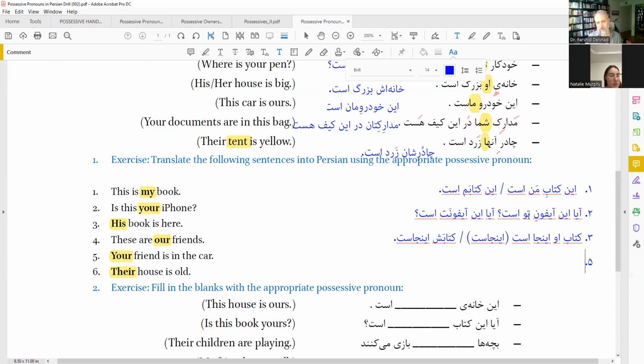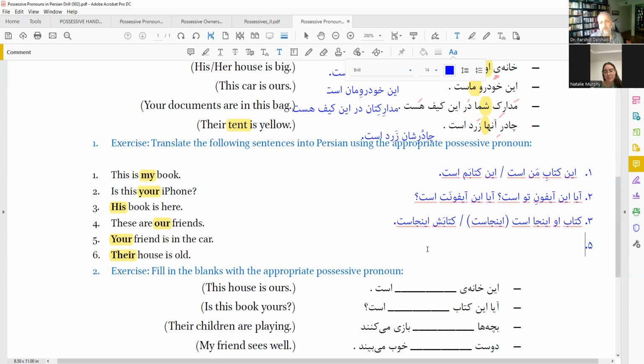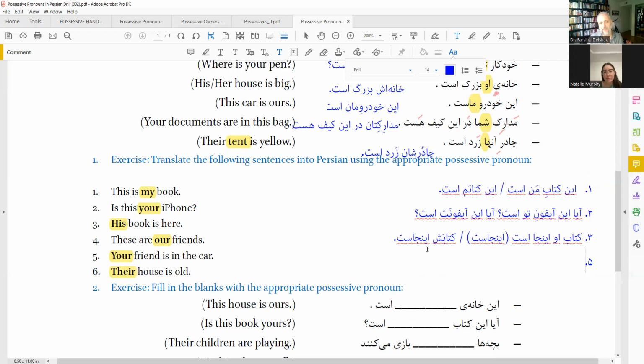So let's look at number 5. What is the word for this in singular? Because we have "in" and "on," right? In order to make it plural, you just add "ha" at the end.